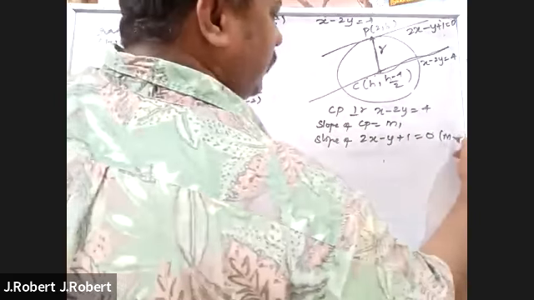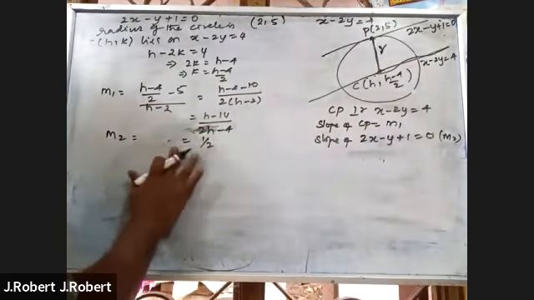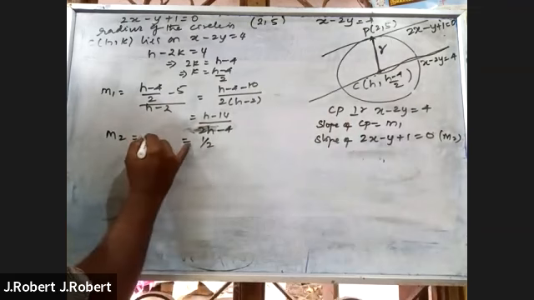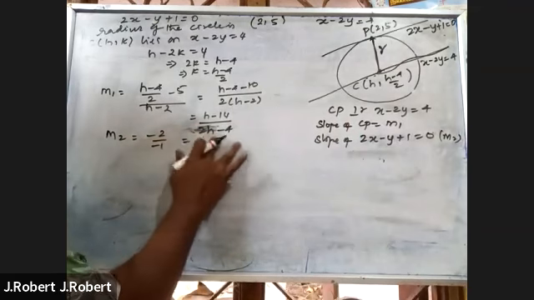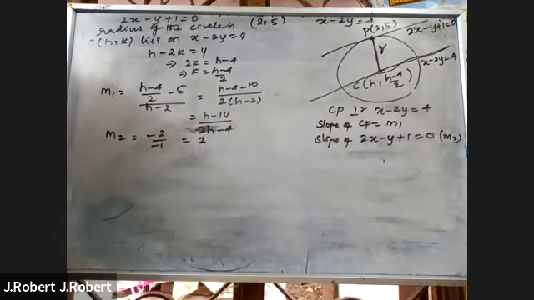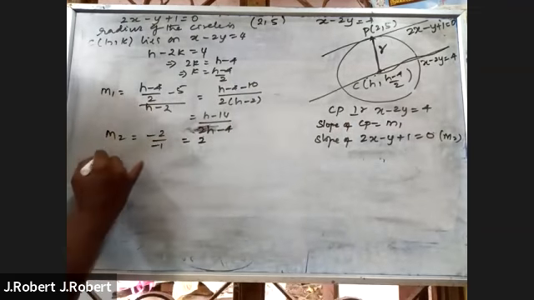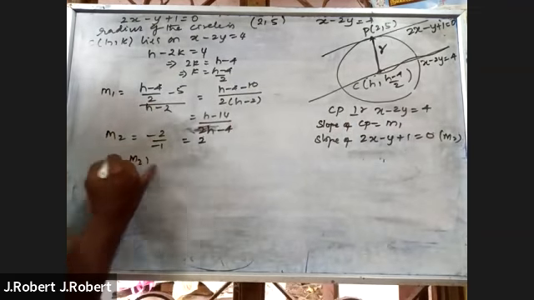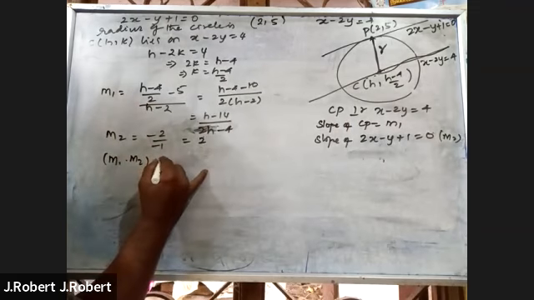That is m2. Minus a divided by b, that is minus 2 divided by minus 1, which is equal to 2. Now m1 into m2 is equal to minus 1.